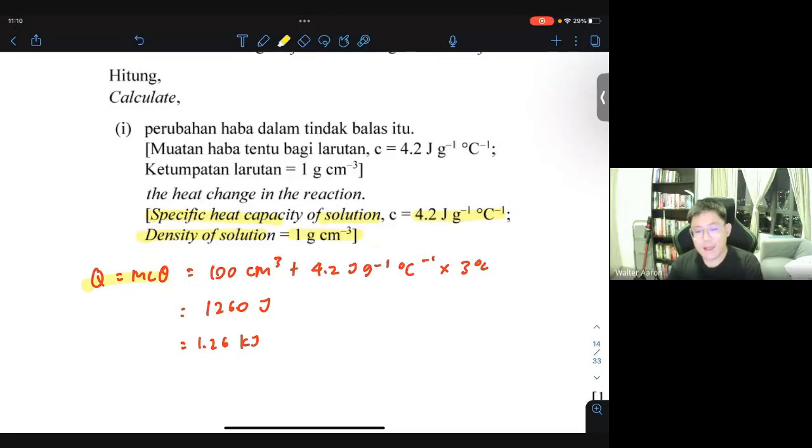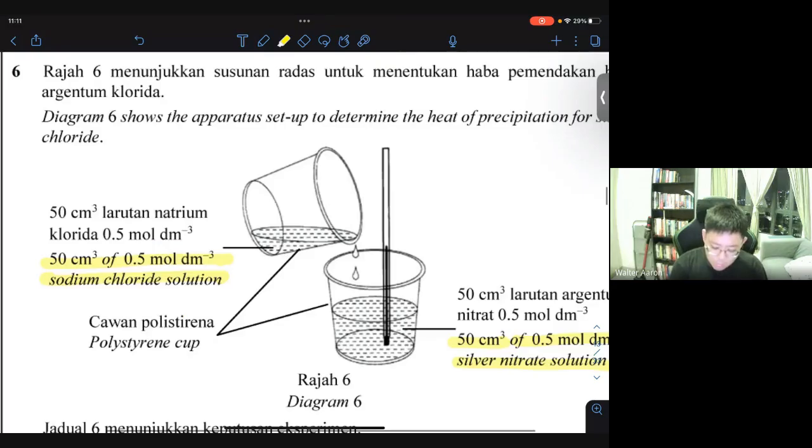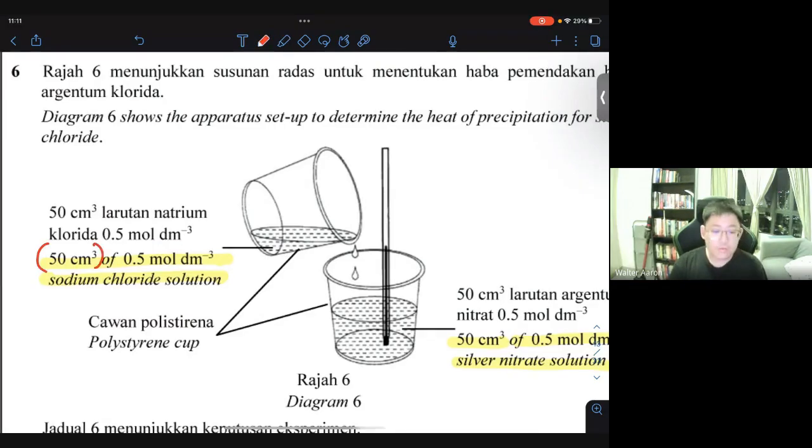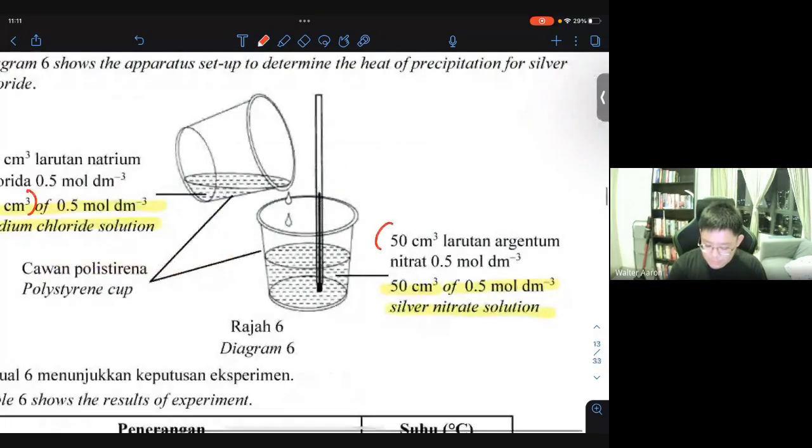Okay. Now, the mass of the solution is the total mass, or should I say the total volume of solution after both have been added together. So if you see the question here, we have 50 cm cube of sodium chloride and 50 cm cube of silver nitrate, right?